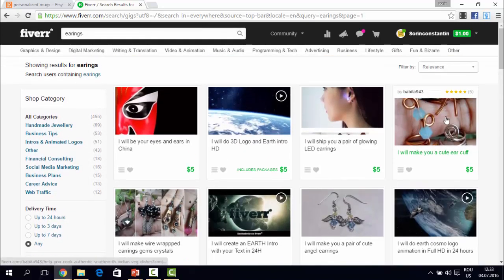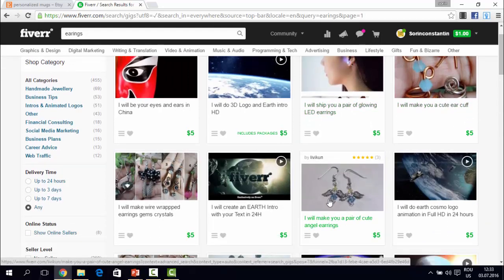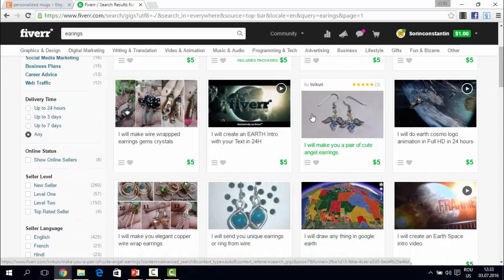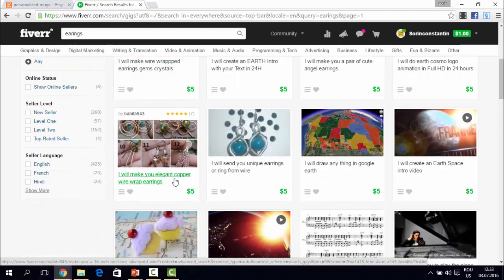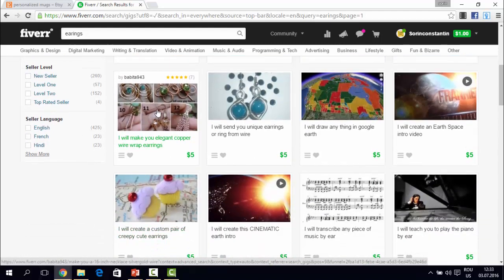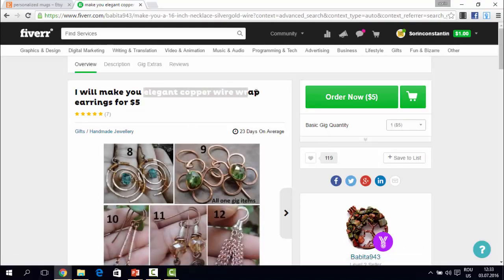Yeah, so I will make you a cute ear cuff. I will make you a pair of cute angel earrings. So here we have examples of different types of earrings. I will make wire wrapped earrings, gem crystals. I will make you elegant copper wire wrap earrings. These ones are actually pretty cool.